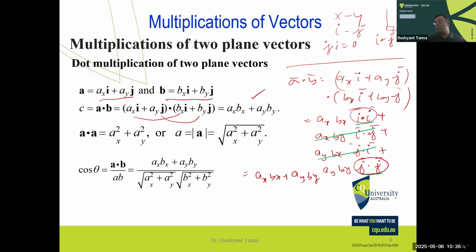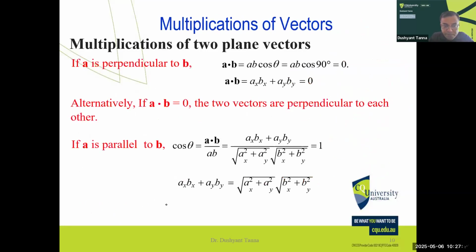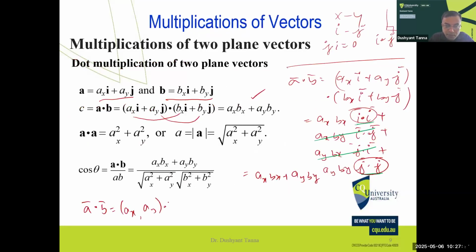Many of the literature sources provide it in terms of coordinates. So you can also find that A dot B will be something like (AX, AY) dot (BX, BY), with no i j, just the coordinates, and that's the same as AX BX plus AY BY.